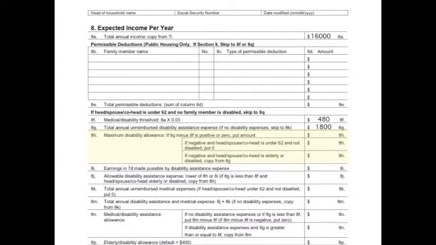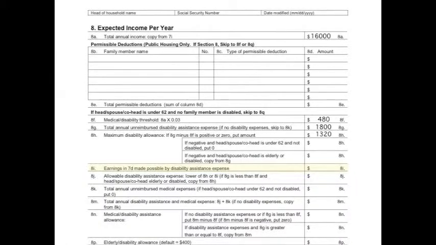The form tells us 8G minus 8F. When we take $1,800 and subtract $480, do we get a positive or a negative number? We get a positive number, so we're going to put our answer on the first field of 8H. We should have an answer of $1,320.